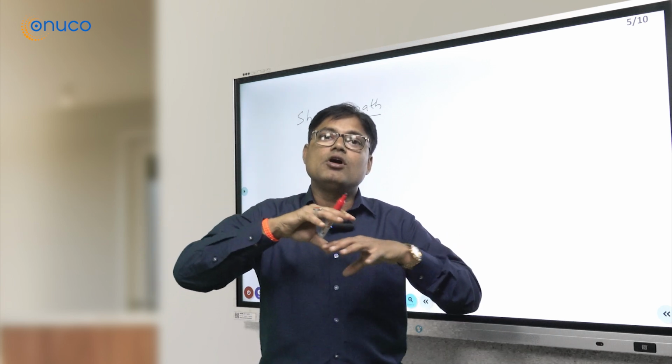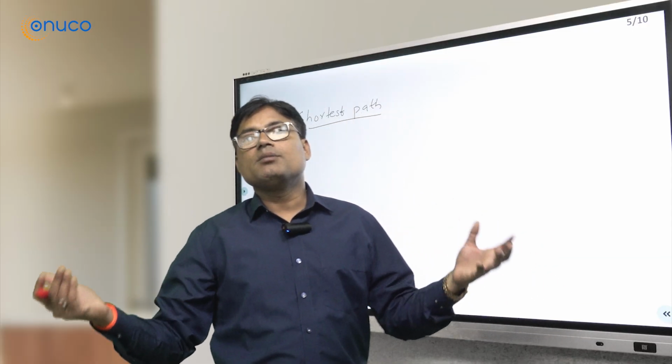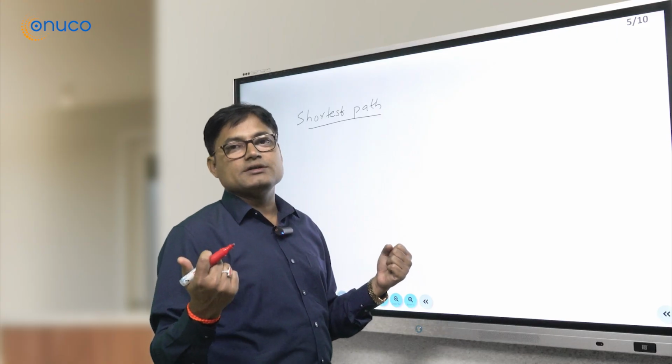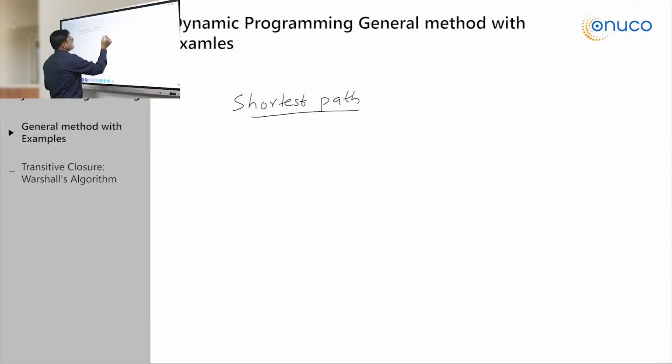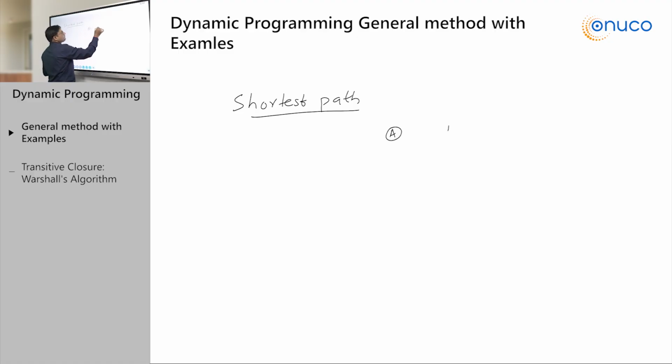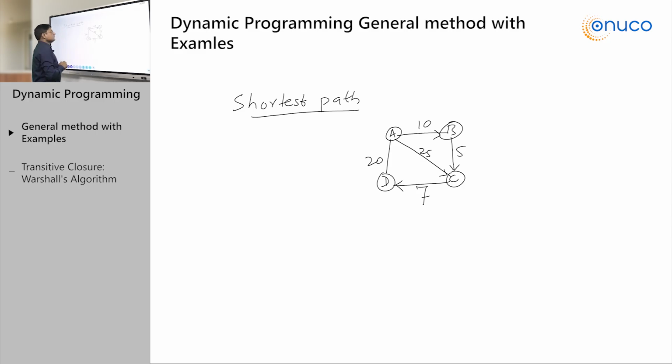We are going to make the decision through all the possibilities and finally conclude which is the best solution, or you can call it the optimal solution. As an example for shortest distance, here we have A, B, C, D. A to B we have 10 kilometers, B to C say it is 5 kilometers, C to D it is again 7 kilometers, and A to D we have 20 kilometers, A to C we can call it 25 kilometers. Say we have distances like this.